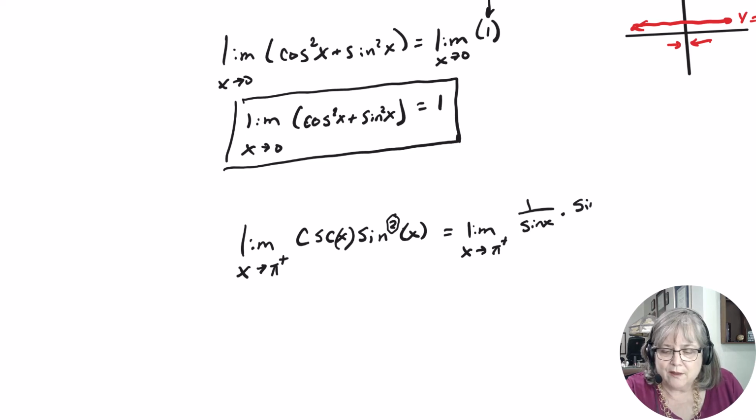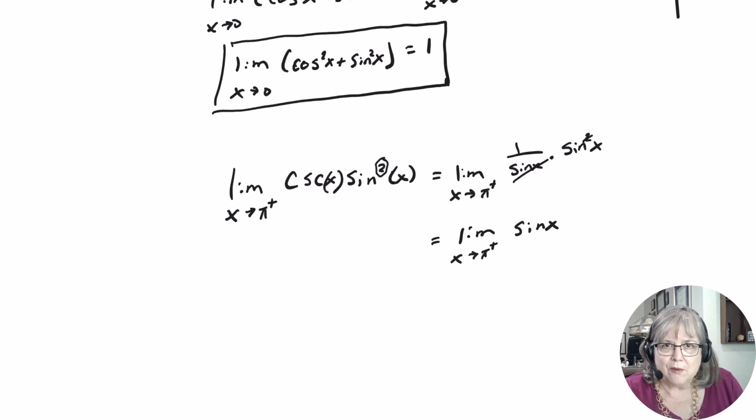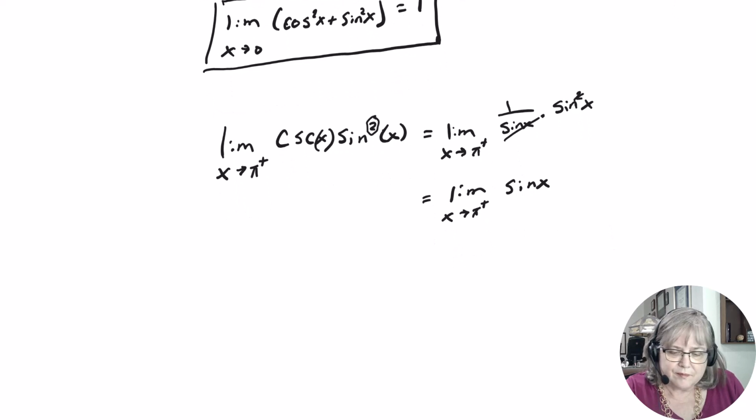It's shorthand for sine x squared, and this cancels one of those. So it's the limit as x goes to pi from the right of sine x. Remember, sine and cosine are continuous, and so you can evaluate it at any x value. So what is sine of pi? It's 0. It takes me more time to write down the problem than it takes to do it.